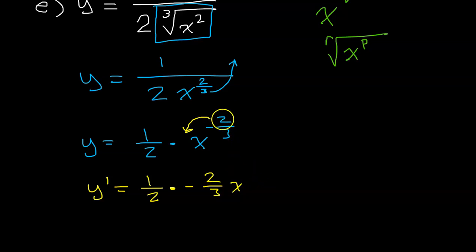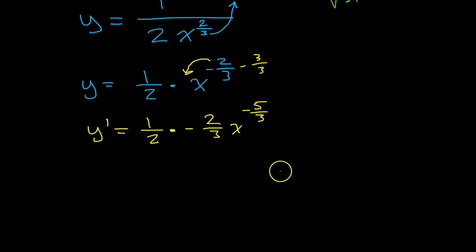But then the new power, I need to subtract 1 from this. So look at that denominator. Subtracting 1 would be the same thing as subtracting 3 over 3. So, negative 2 minus 3 is negative 5. So this would be the negative 5/3 power.